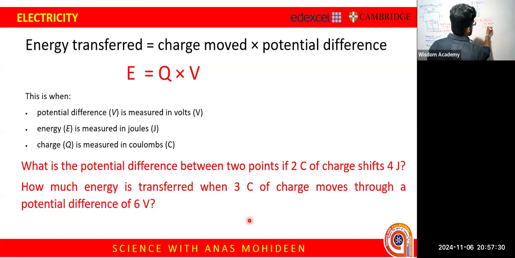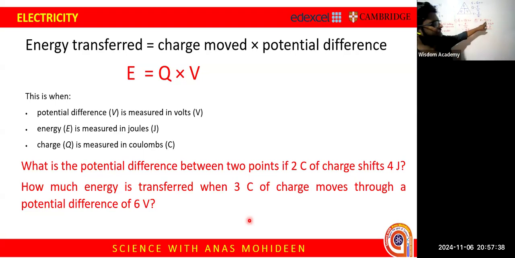So 3 into 6 is 18. E is measured in joules. Q is given in coulombs, voltage is measured in volts, so the energy should be given in joules. Easy formulas.